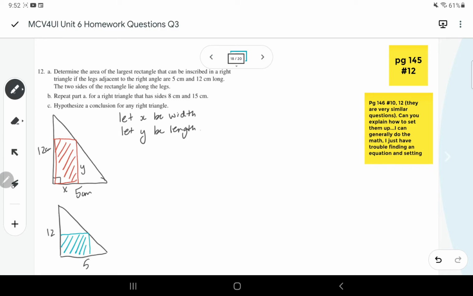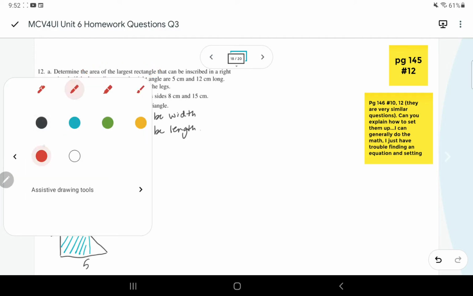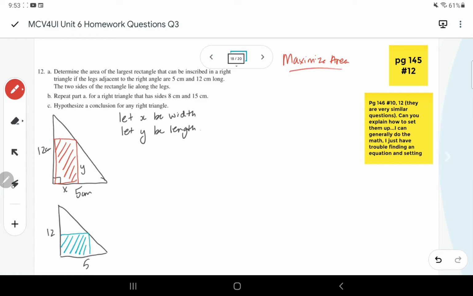So what we would know is that we are trying to find the area of the largest rectangle. So we want to maximize area. So we know here that area is x times y. It's a rectangle, length times width.